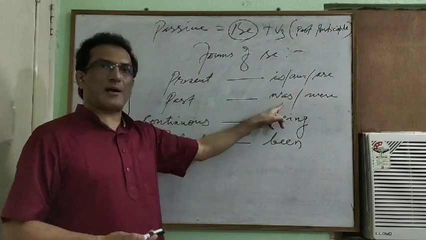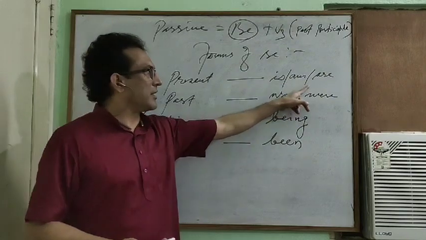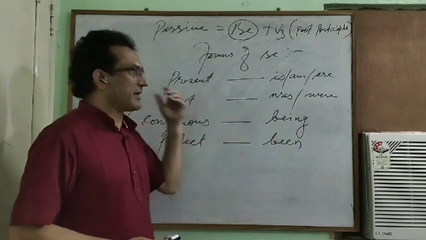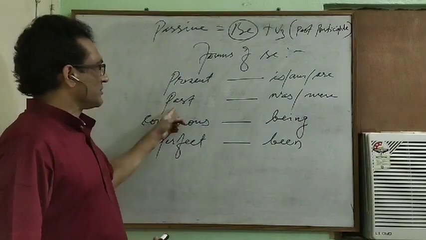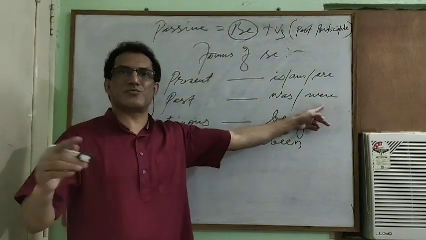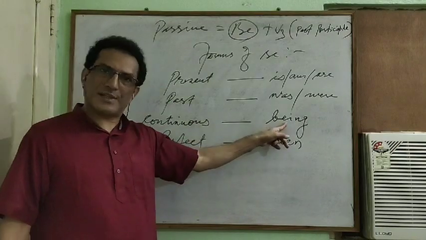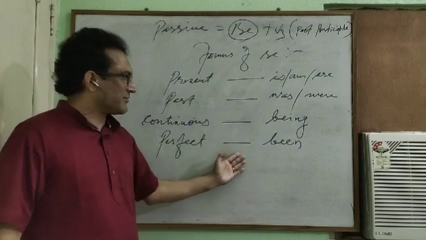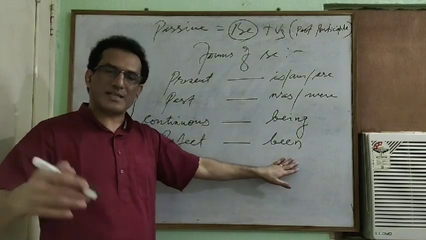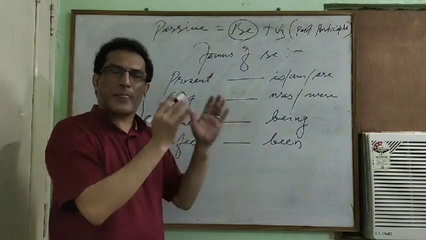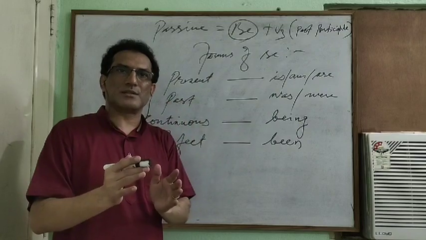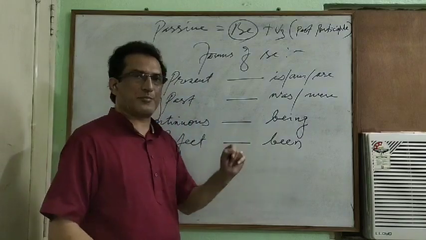Now past of is and am is was, and past of are is were. So in simple past we use was or were plus verb 3. Now perfect form, like continuous form we have the ing form. Like that perfect form is been, which is the past participle form of be. Be, was, been.